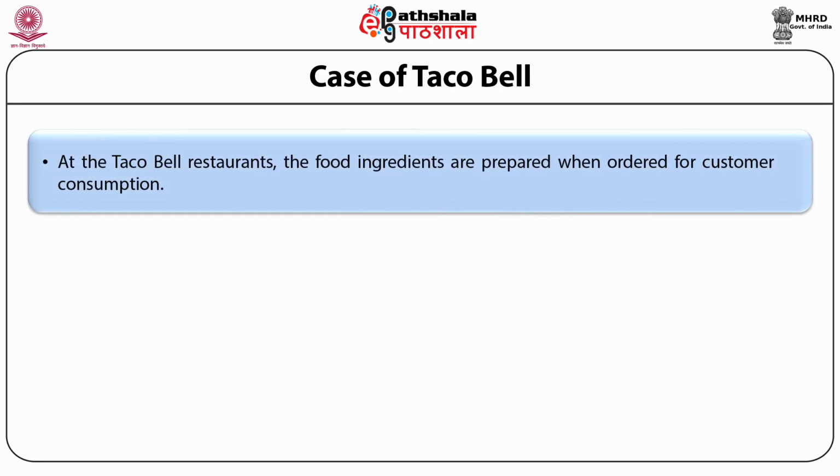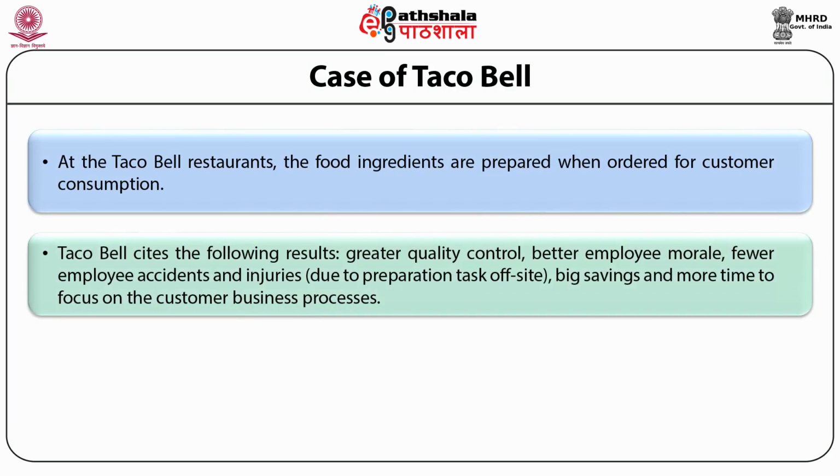At the Taco Bell restaurants, the food ingredients are prepared when ordered for customer consumption. Taco Bell cites the following results: greater quality control, better employee morale, fewer employee accidents and injuries due to preparation tasks being off-site, big savings, and more time to focus on customer business processes.